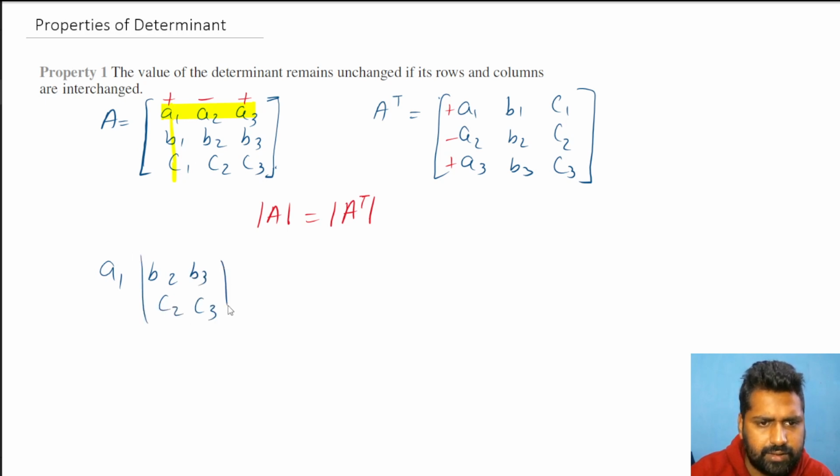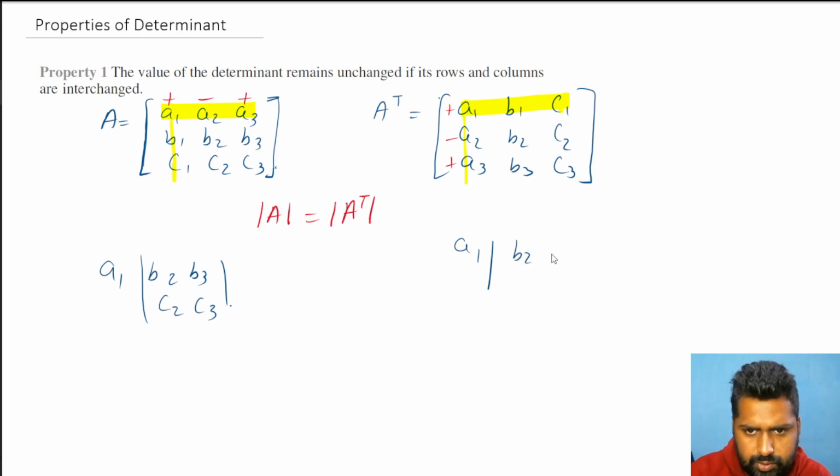Here also, A1 into, leave the row and the column. Here you will have B2, C2, B3, C3. Slightly different looking, but let's see.